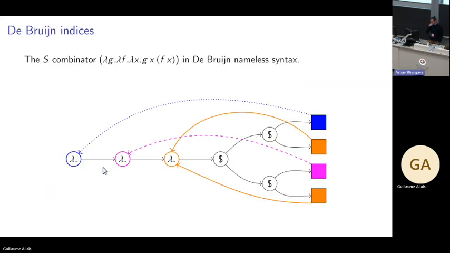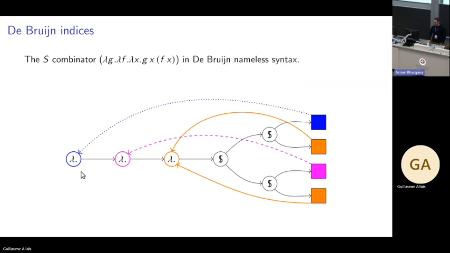On that note, here at the top, we have the S combinator. I don't know if you remember what it is, but it's basically taking a first function, a second function, and then an argument, and then computing this g x of f x thing. So it's fairly self-contained, but there's still an interesting binding pattern. And below here, you have a graphical representation of a nameless version of it.